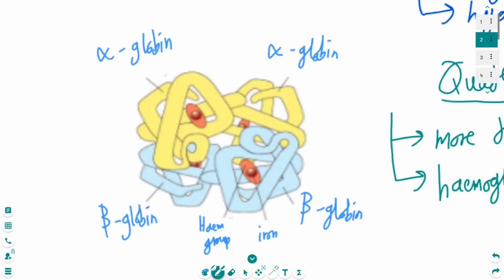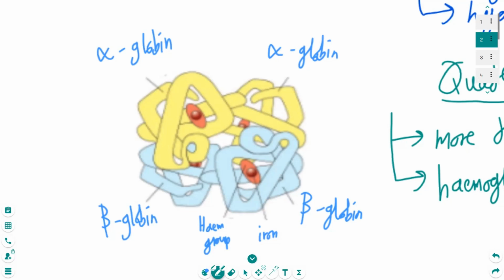So in total, one hemoglobin molecule can carry up to 4 O2 molecules, which is 8 oxygen atoms. And you have thousands, even millions of these, so you can carry up to like 4 million O2 molecules, something like that. But anyway, I digress.